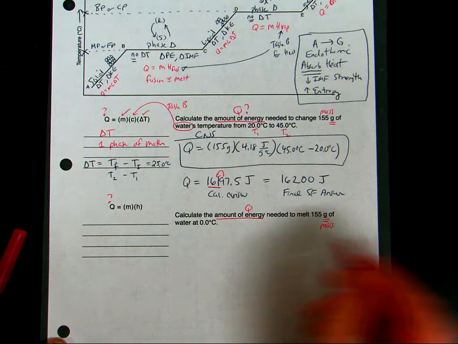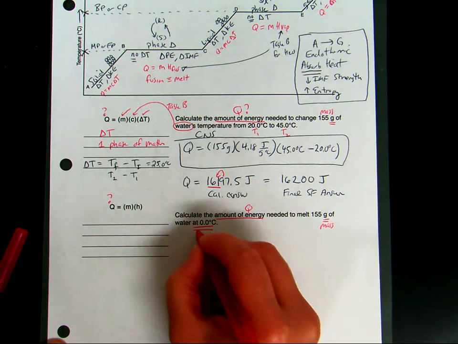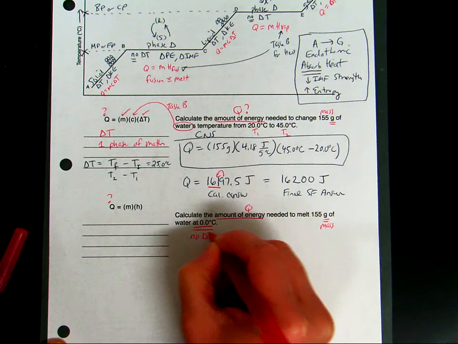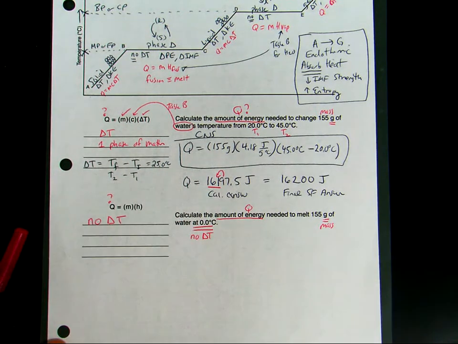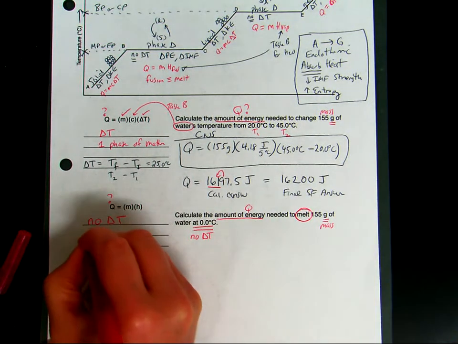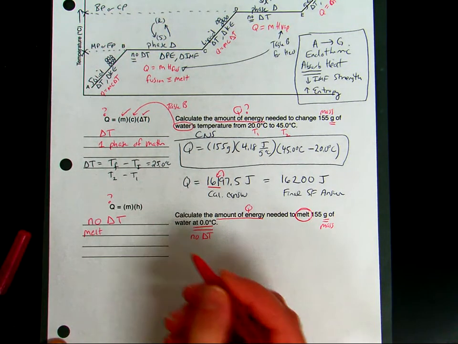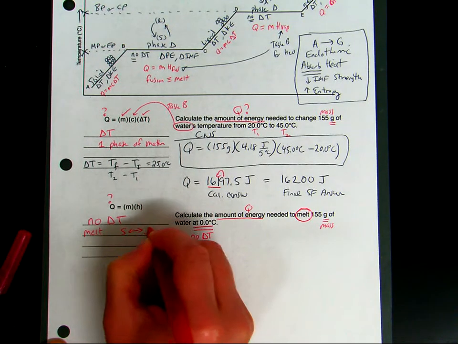And notice it says at a particular temperature. So that means no delta T. So our information tells us there is no delta T present. And now there's a very important word, melt. And when we see a word like melt, that means that we are changing between the solid and liquid phase.